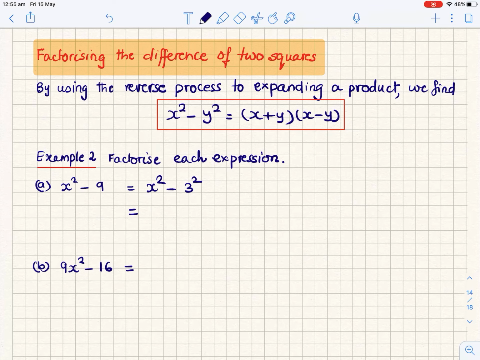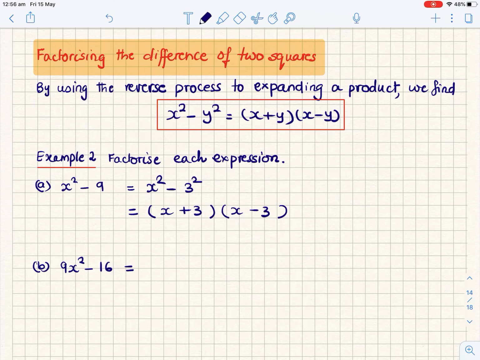And if you can write it as a difference of squares, then you can easily set it out first. Write x plus 3 in the first parenthesis, x minus 3 in the second parenthesis.